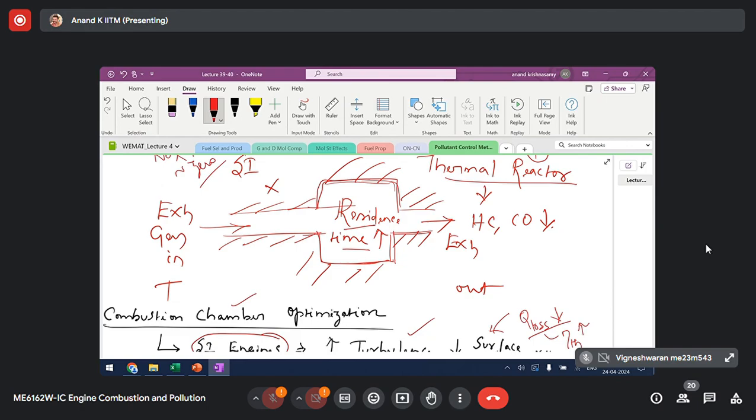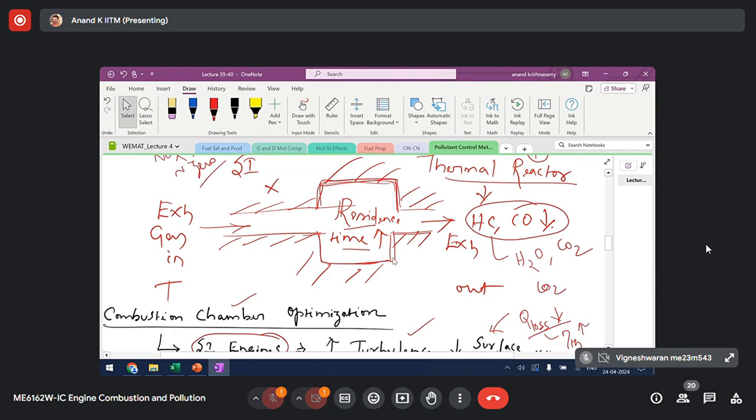So two things we are doing here to rely on exhaust gas temperature to oxidize HC and CO. One, insulation of the complete exhaust line. Second, increase the volume and thereby increase the residence time, so that the gas stays in the exhaust line for a longer time. Because of that, the HC and CO will be oxidized. HC will be oxidized to H2O and CO will be oxidized to CO2.